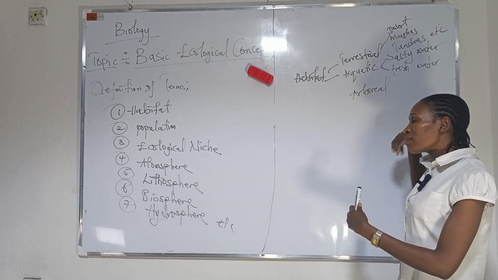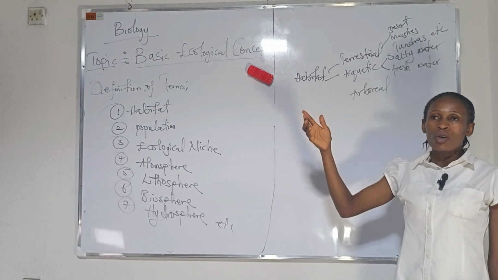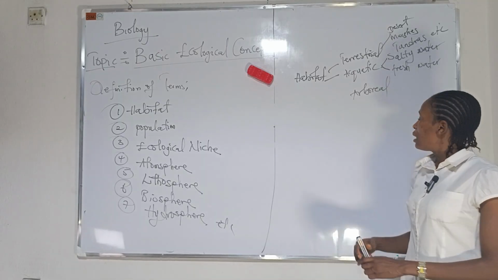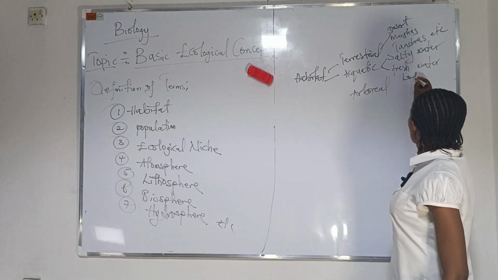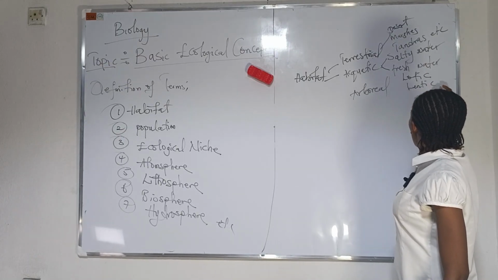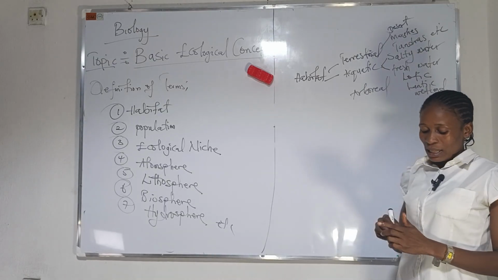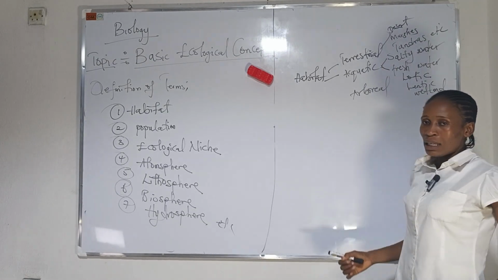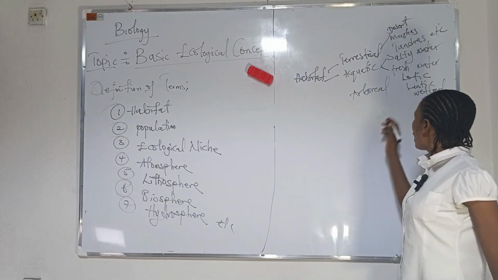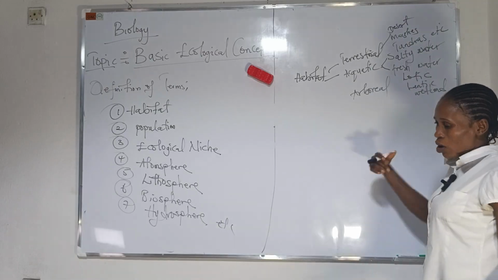We can still classify this fresh water into lotic, lentic, and wetland. Lotic, fast-moving water. Lentic, slow-moving water.